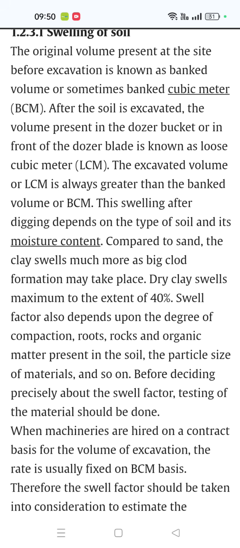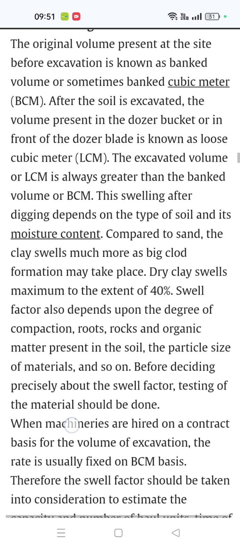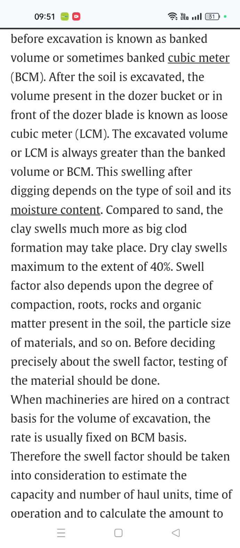After the soil is excavated, the volume present in the dozer bucket or in front of the dozer blade is known as loose cubic meter, LCM. The excavated volume or LCM is always greater than the bank volume or BCM.